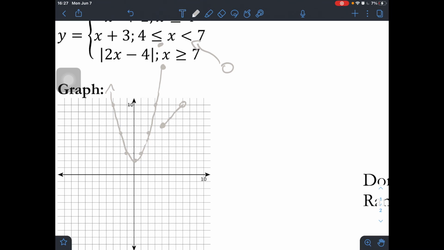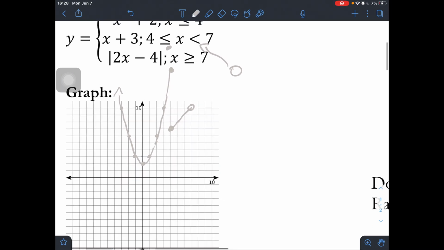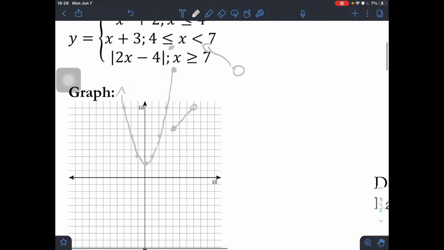That means you would have to start with a closed circle at the x value of 7. So whenever x is equal to 7, y is equal to 10. So might as well just start right here.